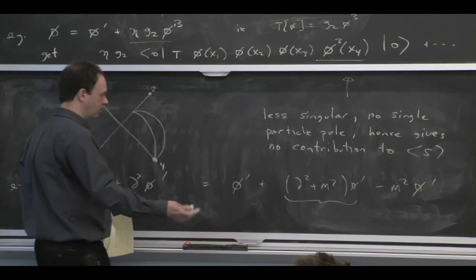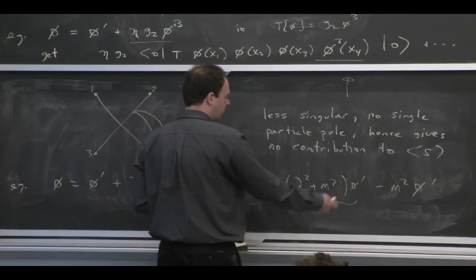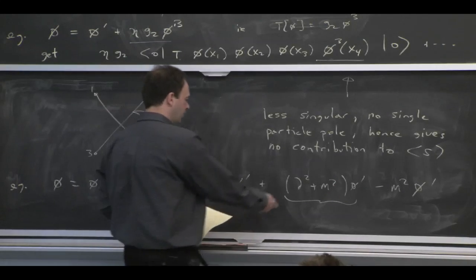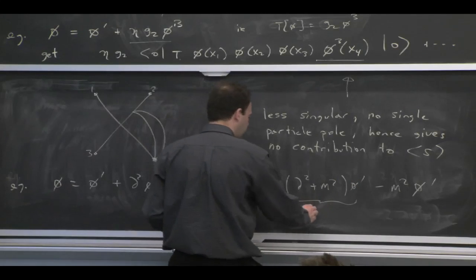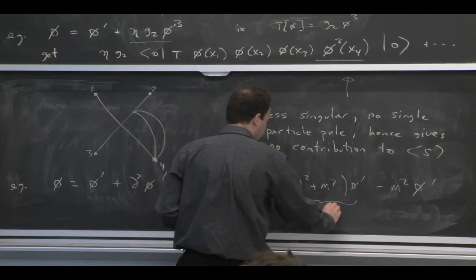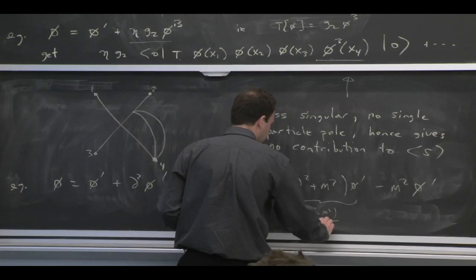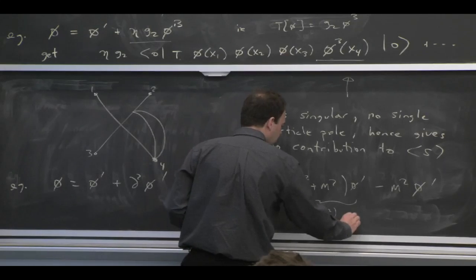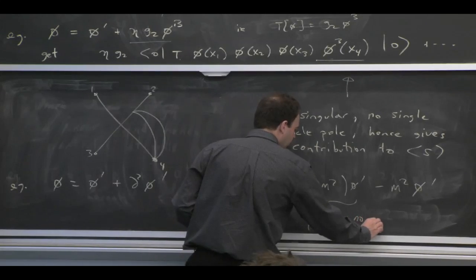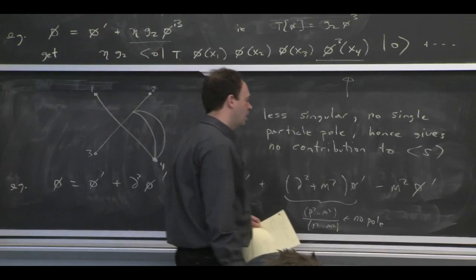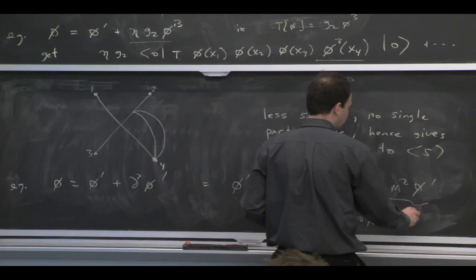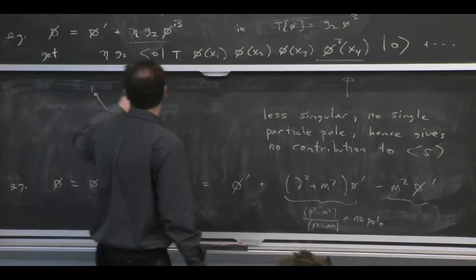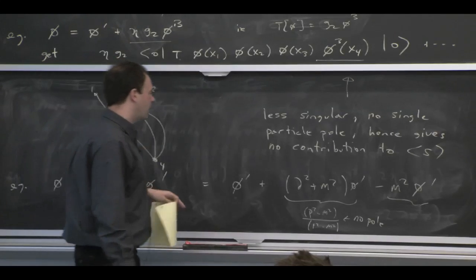If this term is giving the one-particle states, this term has got a factor of the propagator upstairs. So if you look for a pole that would come from that term, it's canceling out. You get p squared minus m squared over p squared minus m squared, so there's no pole from this term. And this term is, again, just of the type from our first example. It's just like shifting phi by some constant.